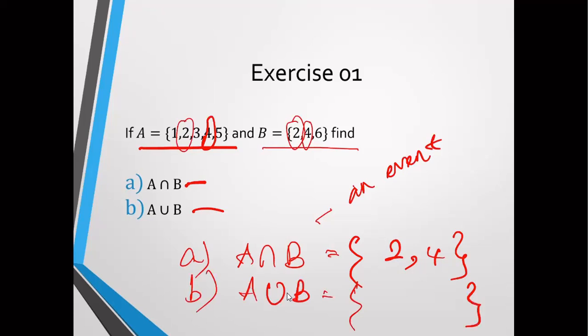Now, let's find A union B. A union B means all the elements that belong to A or B or both. What are the elements? 1, 2, 3, 4, 5.